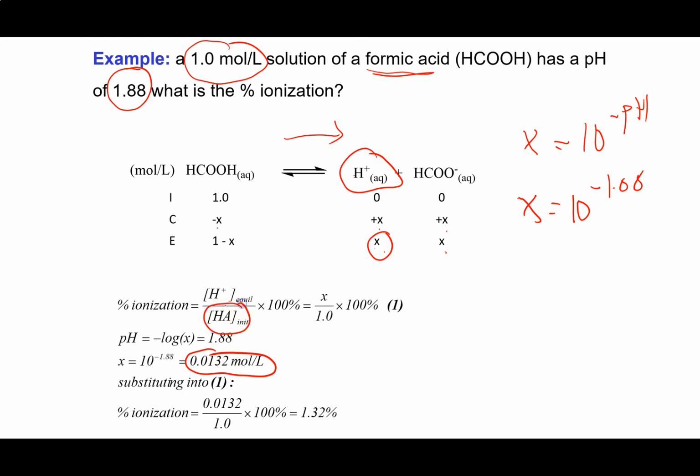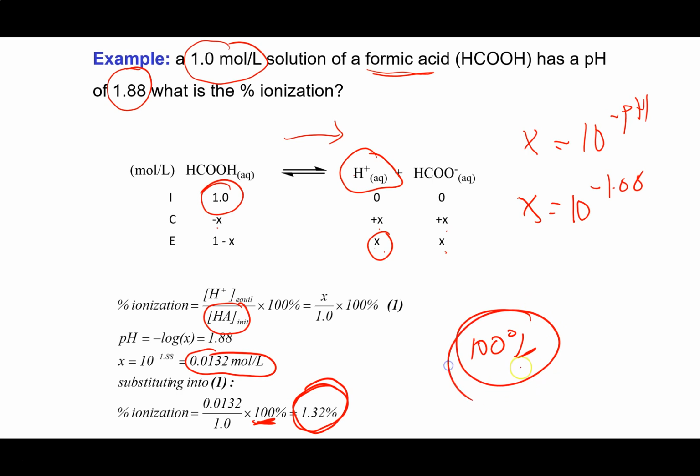And then my initial concentration of my acid, well, that was given to me, it's just 1. And then I've got to times that by 100. So for this acid, a 1 mole per liter solution of formic acid, only 1.32% of the molecules ionize, right? So that's why it's a weak acid. Remember, if it was a strong acid, the percent ionization would be 100%.